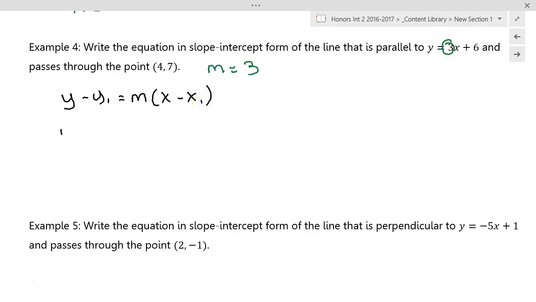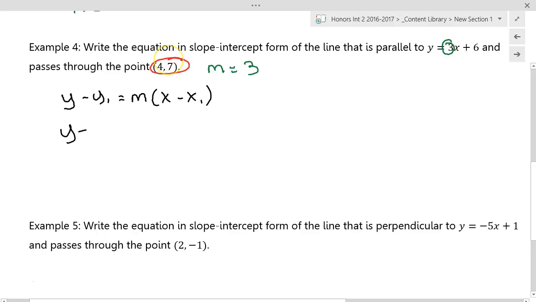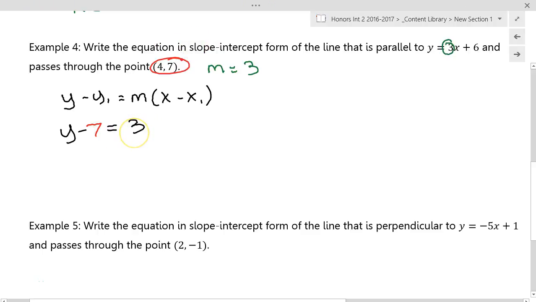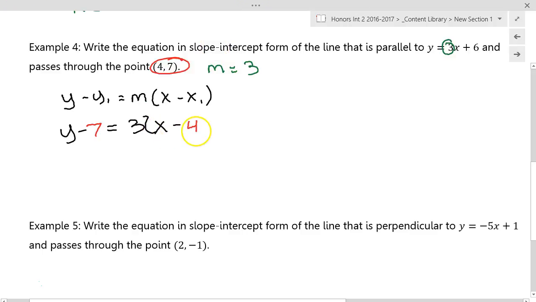So I have y minus 7, my y1 comes from the point, equals my slope, which is 3, times x minus my x, which is 4. I'm really just plugging my numbers into this equation. And then I'm just solving.